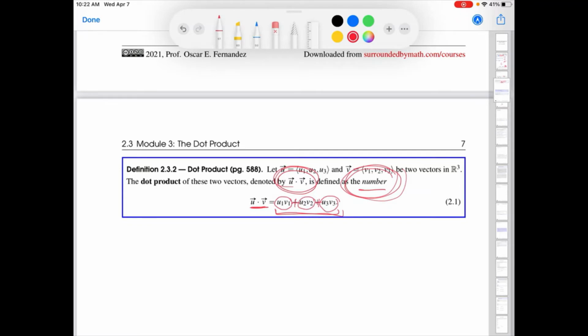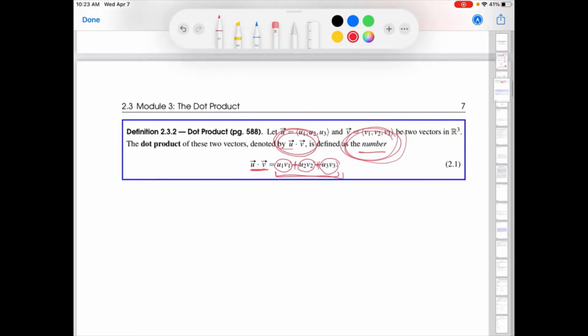So we'll do some examples in a minute, but let me just very quickly relate this back to i hat and j hat. So that'll be a quick example. So what if we want to calculate i hat dot j hat? Well, i hat is the vector along the x direction, unit vector, and then j hat is the unit vector along the y direction.